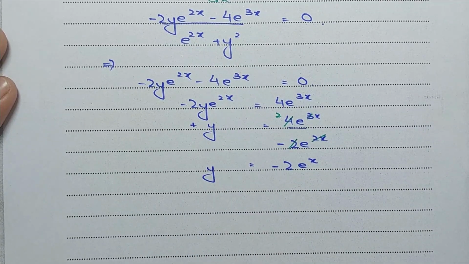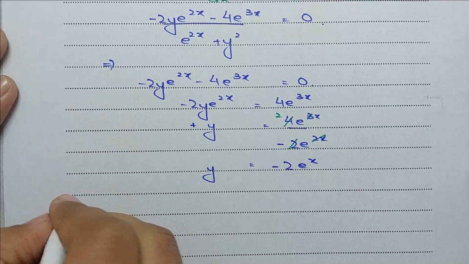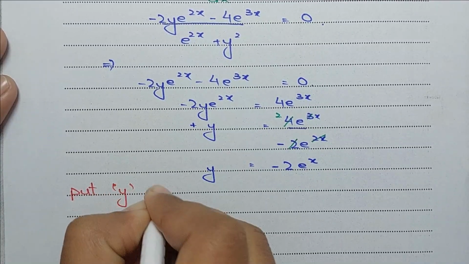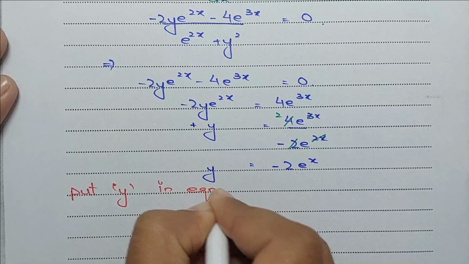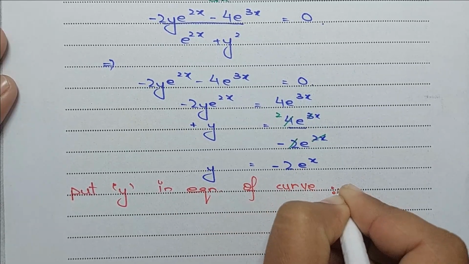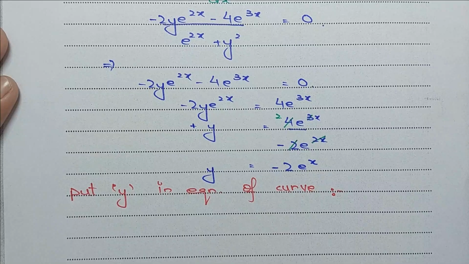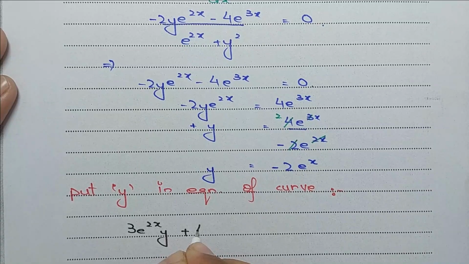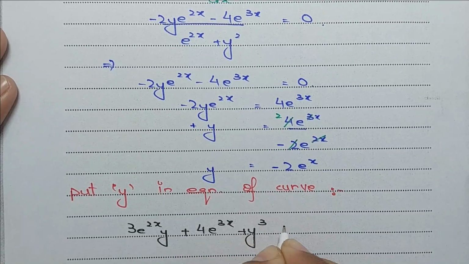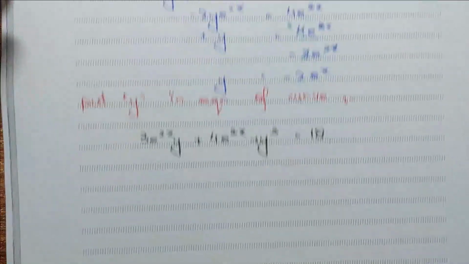Let me plug this into the equation, right? Put y in the equation of the curve. So the equation of the curve is 3 e to the power 2x y plus 4 e to the power 3x plus y cube equals 18. All right.